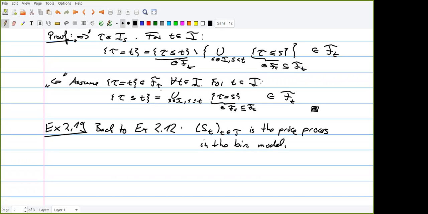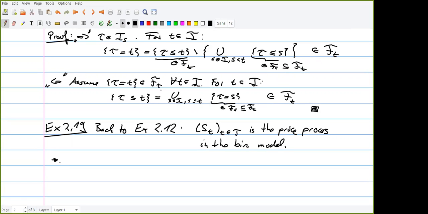And we want to understand what the allowed stopping times are. The first trivial example is the constant stopping times.